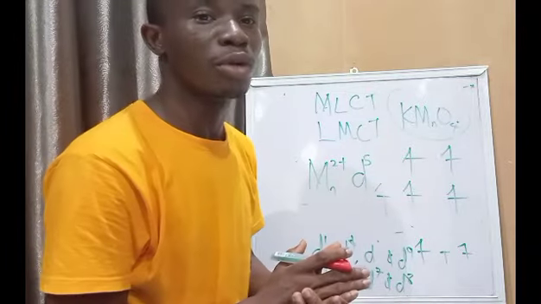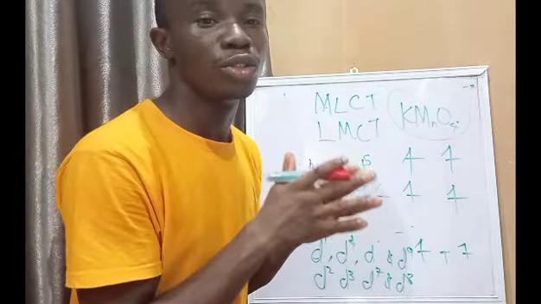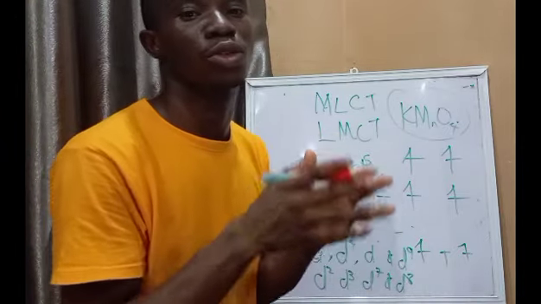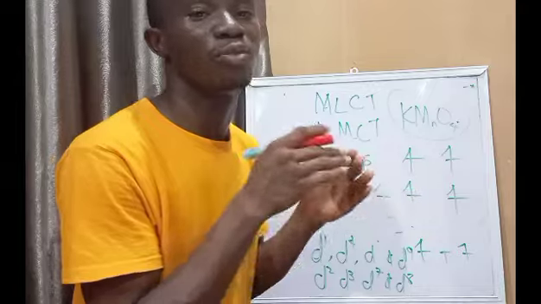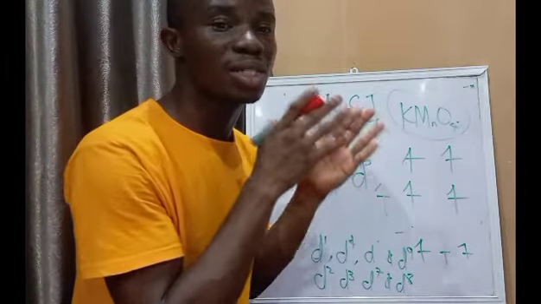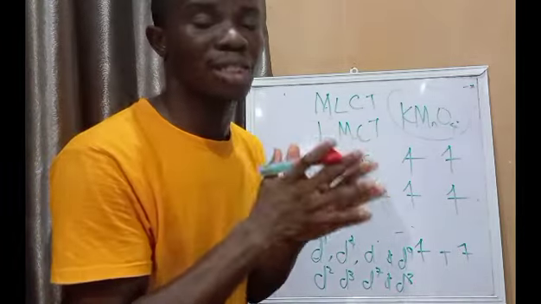So, in summary of this first aspect, talking about the UV-visible spectroscopic techniques in the analysis of metal complexes: we've talked about the fact that metal complexes can absorb light in this particular region of the electromagnetic spectrum.